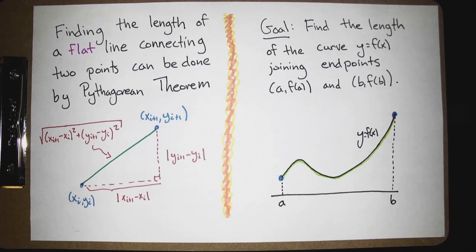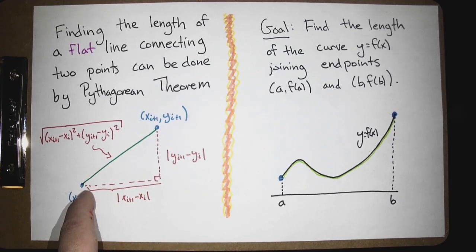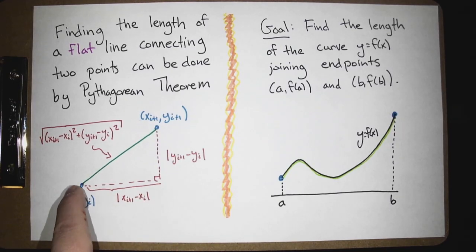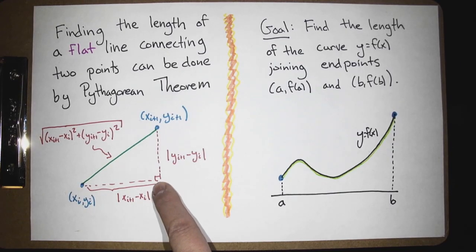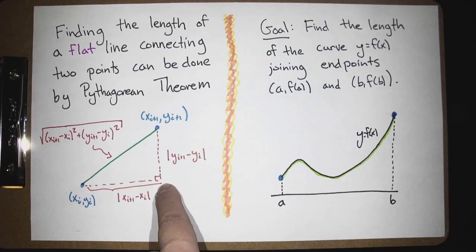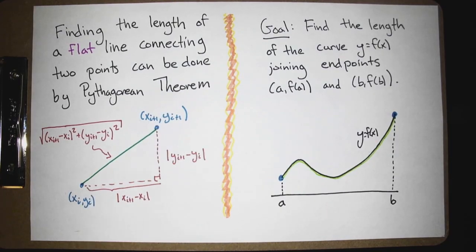So if I have a line segment connecting 2 points, then I can think of it as part of a triangle where I have a change in x on one side, a change in y on the other side, and then the length is the hypotenuse, and by the Pythagorean theorem, a squared plus b squared equals c squared. That lets me find the length of a line segment. Great. Life is good. So flat things, life is easy.